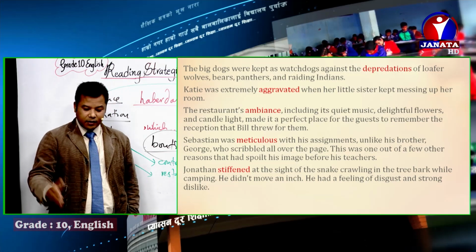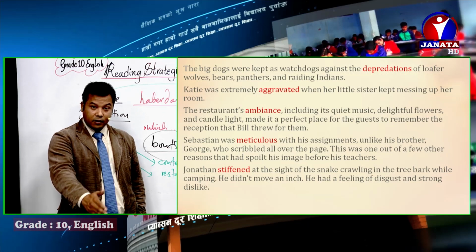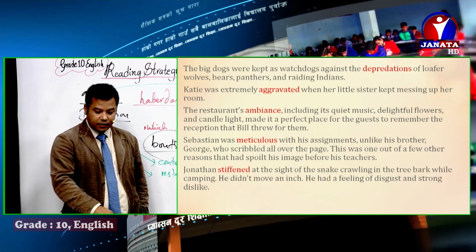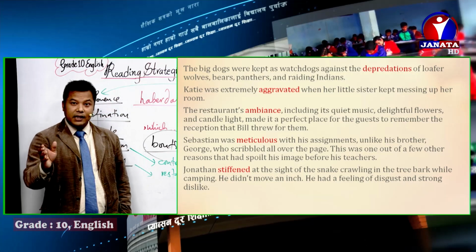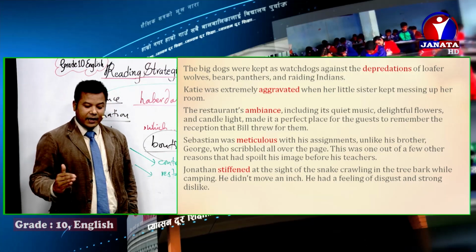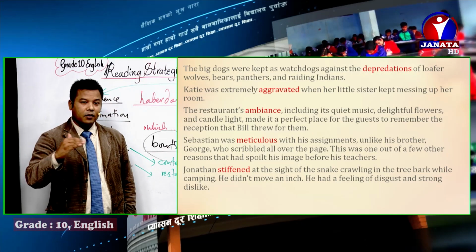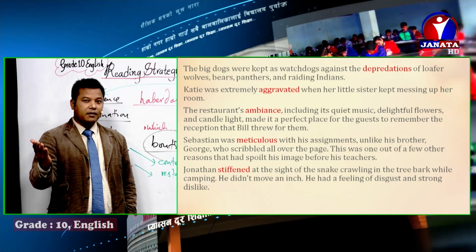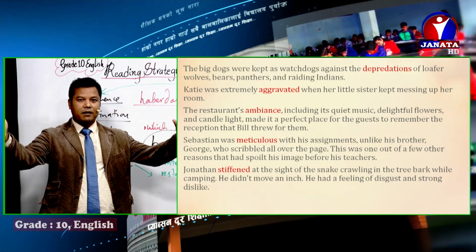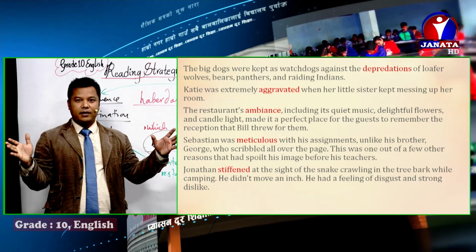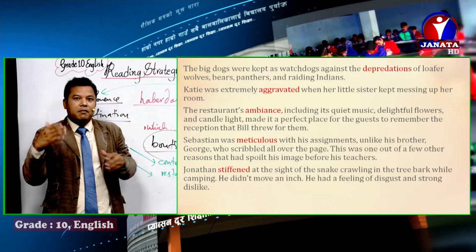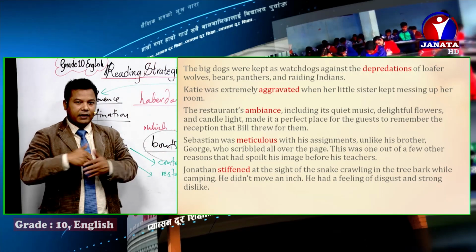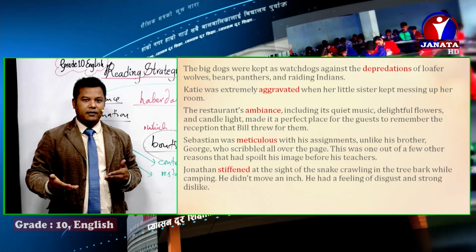It is not. Look at the examples given there. Look at the elaboration the writer has made. Quiet music, delightful flowers, candlelight, guest. What does it mean? It is talking about the atmosphere, right? It's talking about the aroma. It's talking about the surrounding. So ambience is a surrounding that is pleasing, that is appealing.